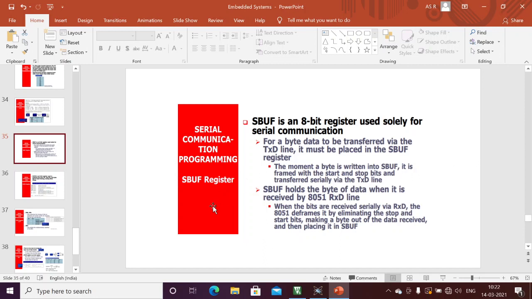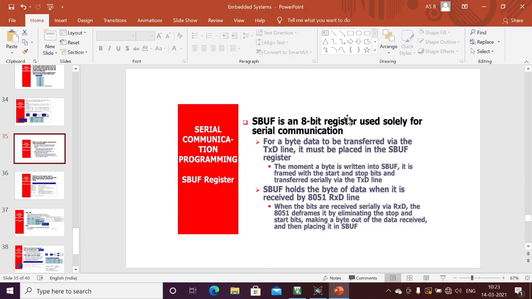And similarly for the RX also, SBUF holds the byte of data when it is received by the 8051 RxD line. When the bits are received serially via the RxD pin, the 8051 deframes it, eliminating the start bit and stop bit, making a byte out of the received data, and then it is placed in the SBUF. See here, mainly if I want to transmit data, we need to place it into the SBUF.